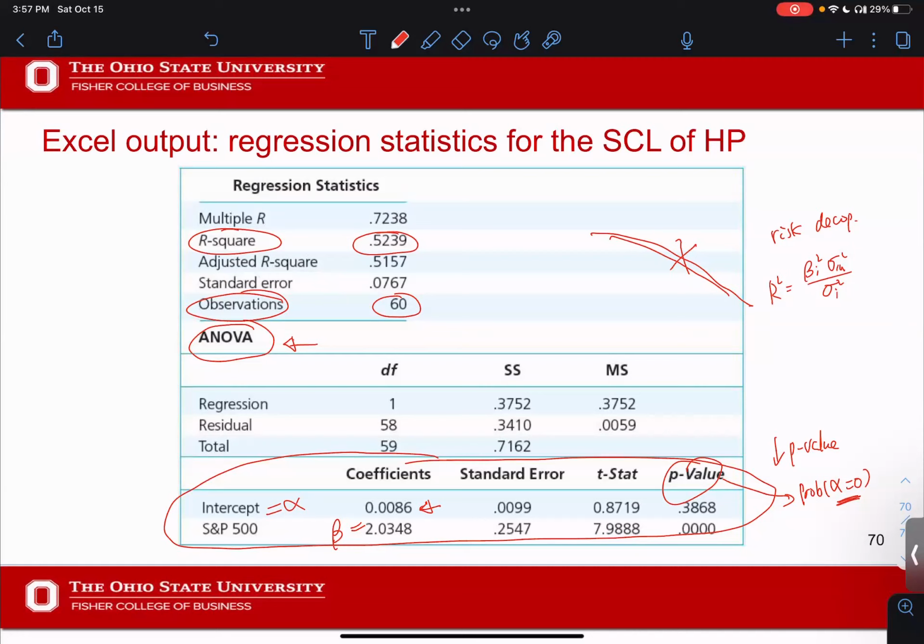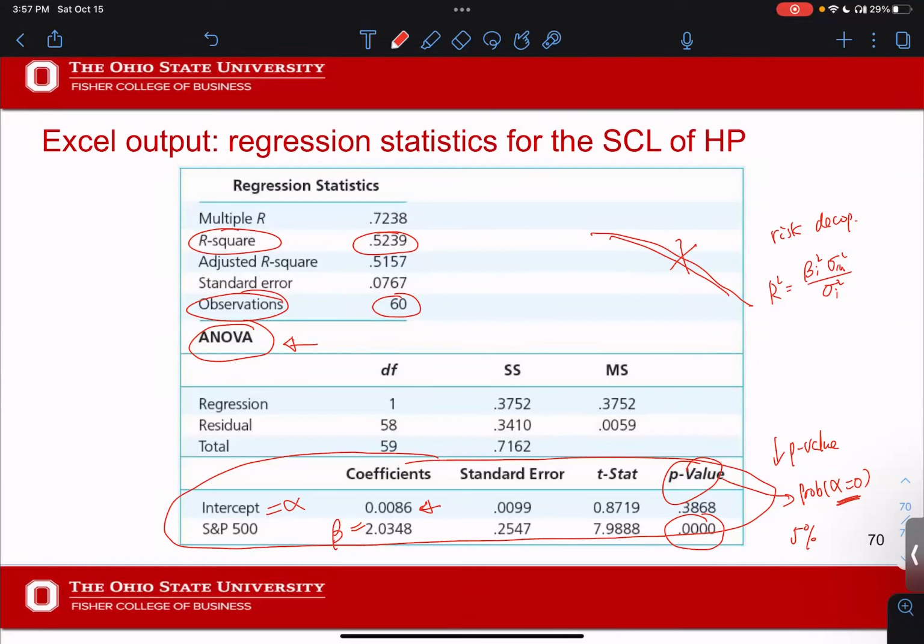And usually we use a threshold of 5%. If the p-value is very low, for example here beta is lower than 5%, then we can say beta is not 0. It's very far from 0.